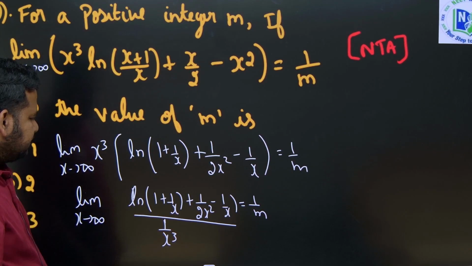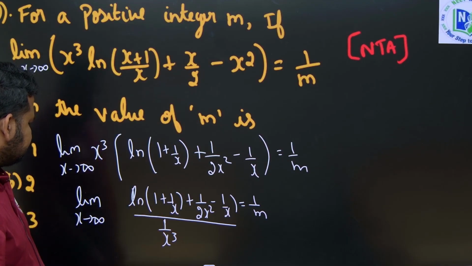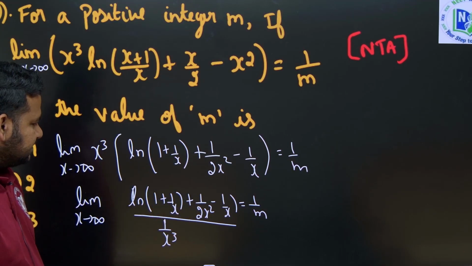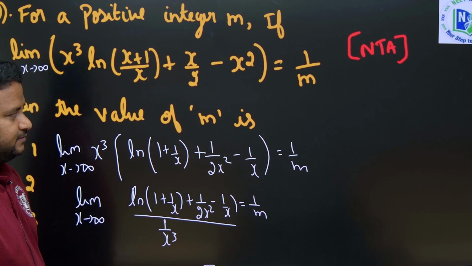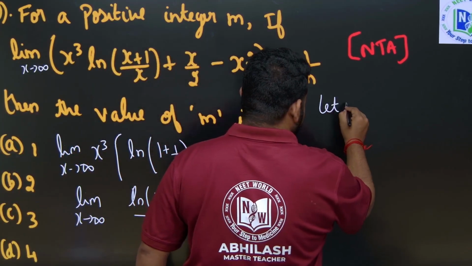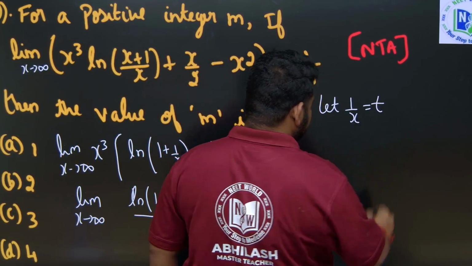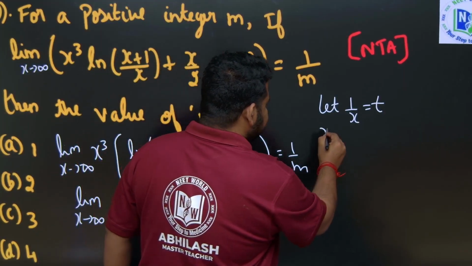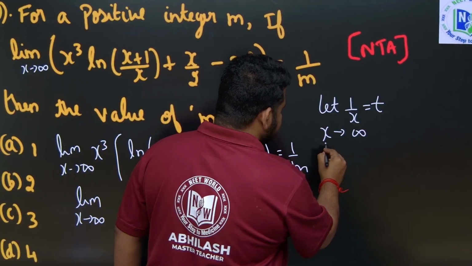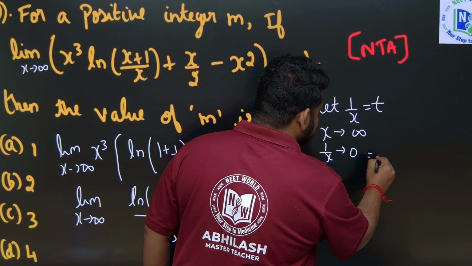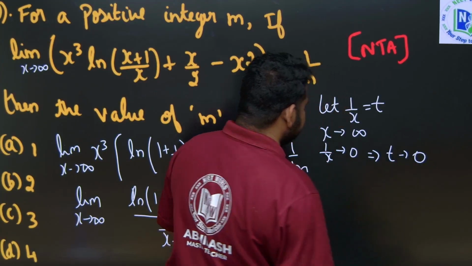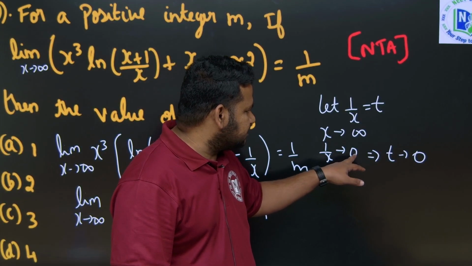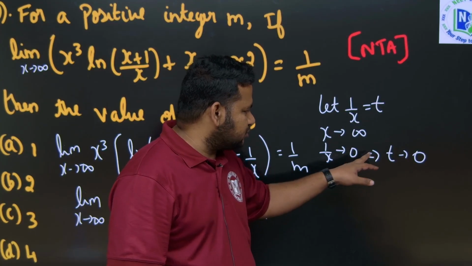Now as x tends to infinity, wherever 1 by x is there, let me take it as t. So let us take 1 by x equal to t. As x tends to infinity, 1 by x will tend to 0, which implies t will tend to 0.